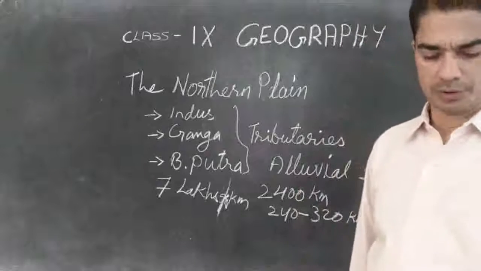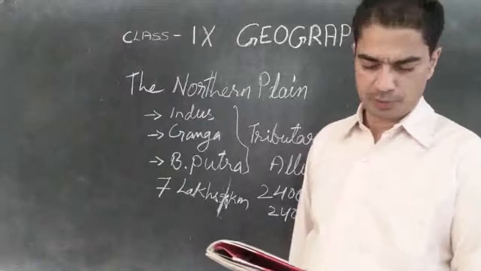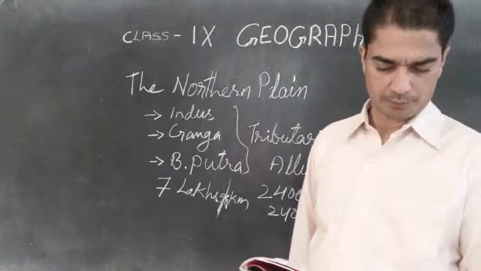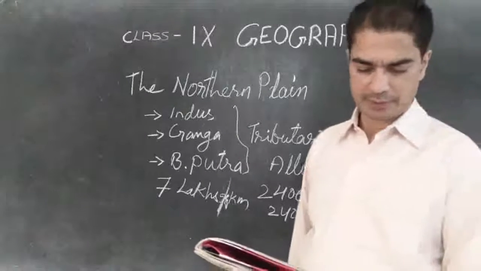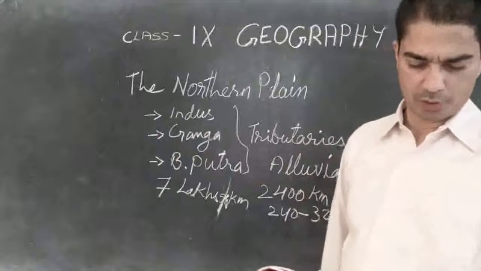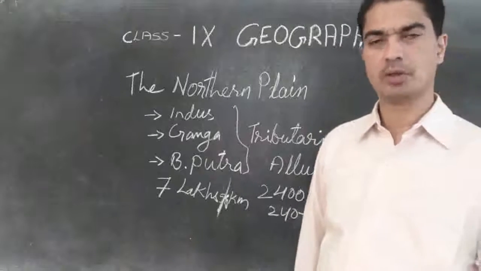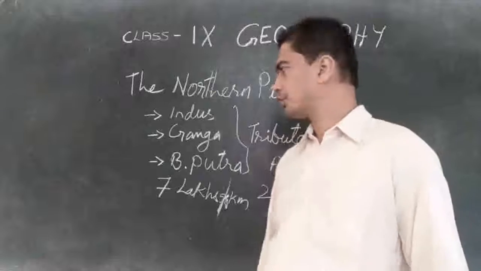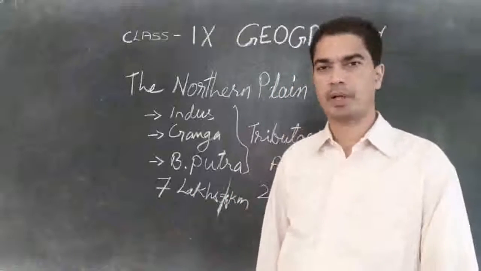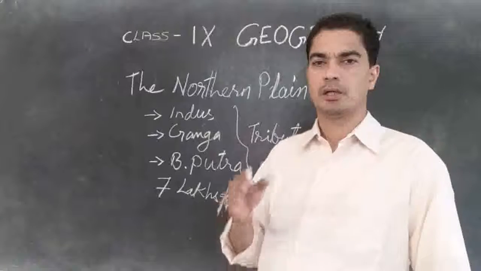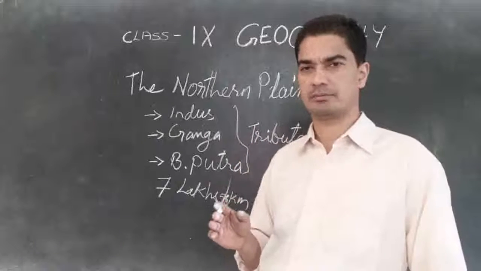And in the lower course, due to gentle slope, the velocity of the river decreases, which results in the formation of riverine islands. So, as these rivers are flowing down at the lower part, the slope becomes less.